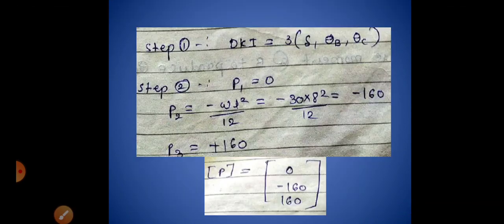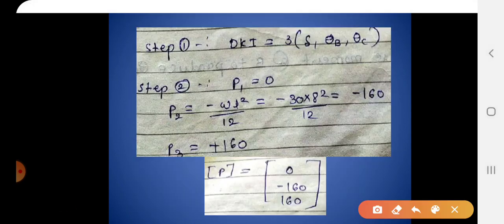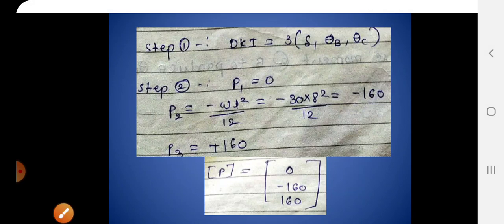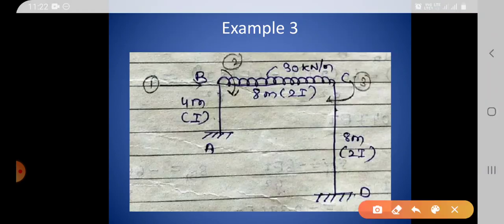Step 2 is to generate the P matrix. Here you can see our first coordinate is delta, the second coordinate is theta b, and the third coordinate is theta c. So what is the P matrix? The P matrix is nothing but the corresponding action to these coordinates.